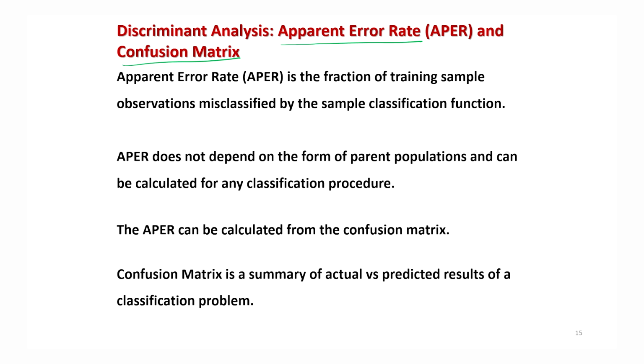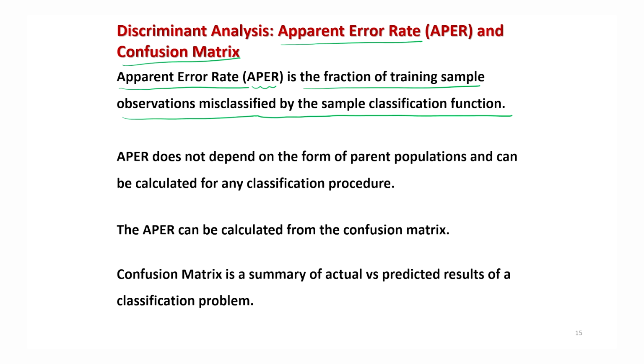So based on that, we have a definition of apparent error rate, shortly called APER. This is the fraction of training sample observations which are misclassified by the sample classification function. The sample classification function is your linear discriminant function that you have observed.